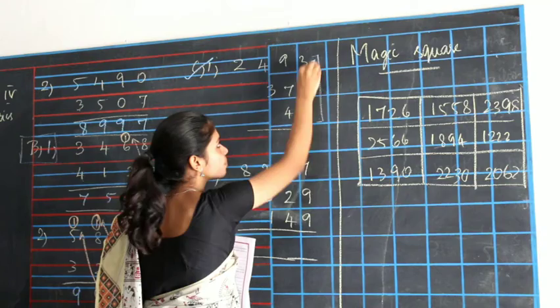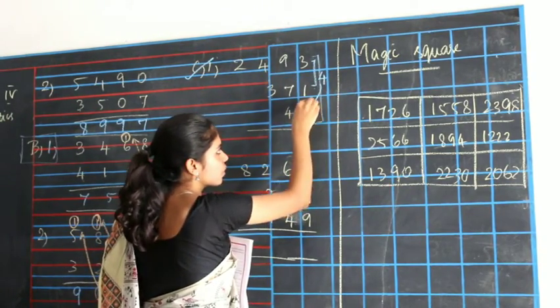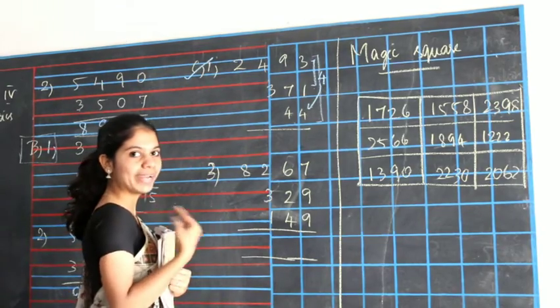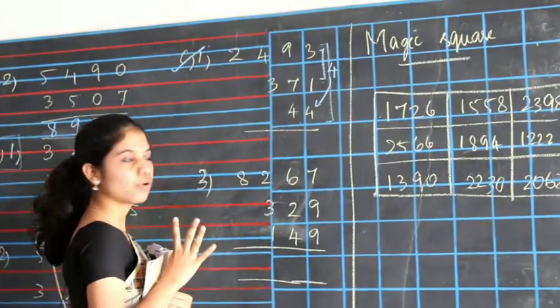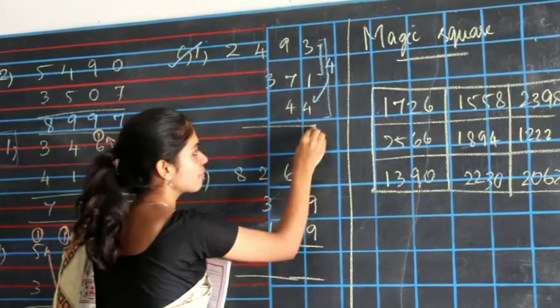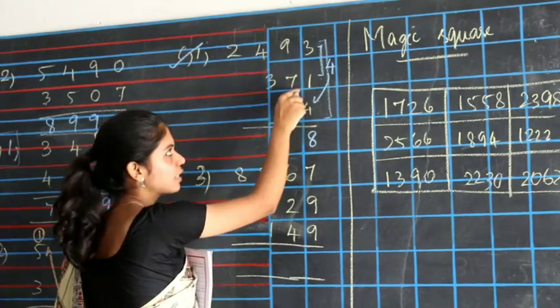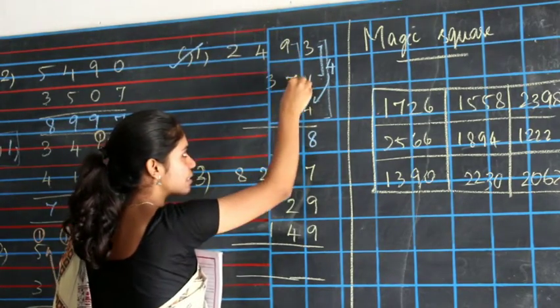Then 4 plus 4 will be 4 in your mind, 4 in your fingers. 4, after 5, 6, 7 and 8. So you will have 8 here. Then 9 here and 7 here. So you have to add 9 and 7 first.